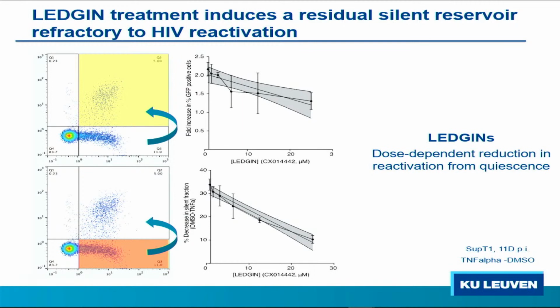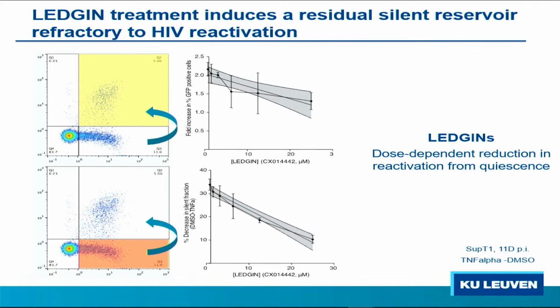Okay, and so what we measure is actually how many of the quiescent cells on the bottom are moved into the active cells. And that's shown in the plot on the right. So we show the fold increase in the GFP positive population. And at the 0 value, legend 0, shown here, you see that we get about a 2-fold reactivation. So we get a 2-fold increase in the GFP positive cells.